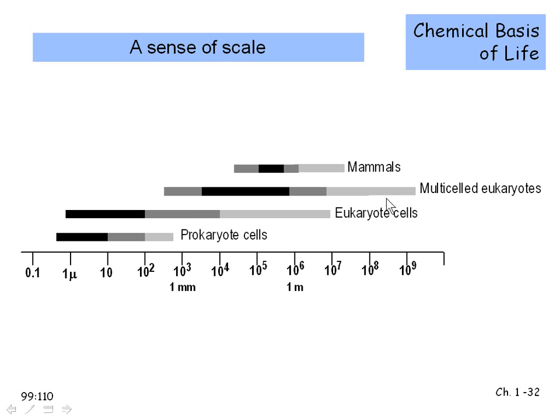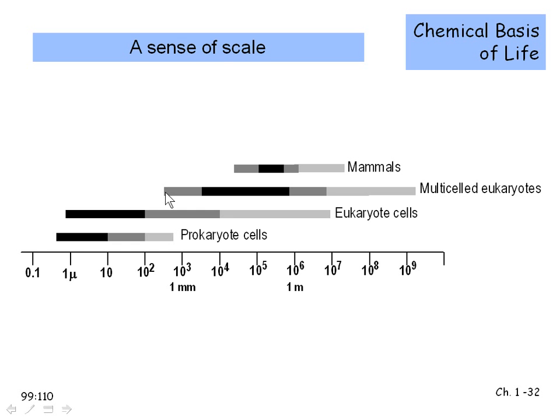If we look at the size range of multicelled eukaryotes, we can see that the smallest of them is actually smaller than the biggest prokaryotes. So you can have things like rotifers or some of the smallest insects that are actually smaller than these big prokaryotes.